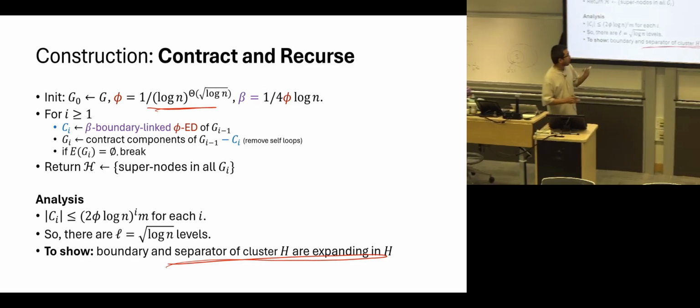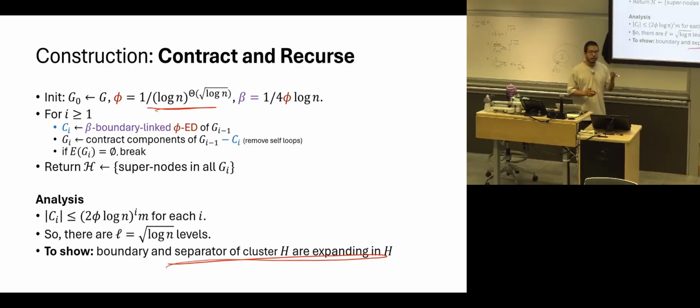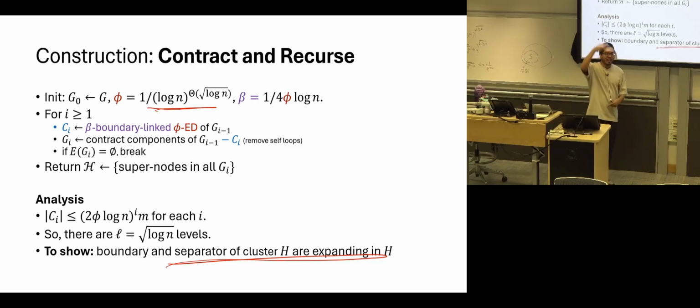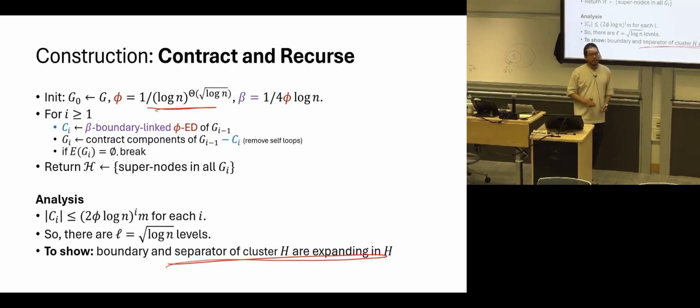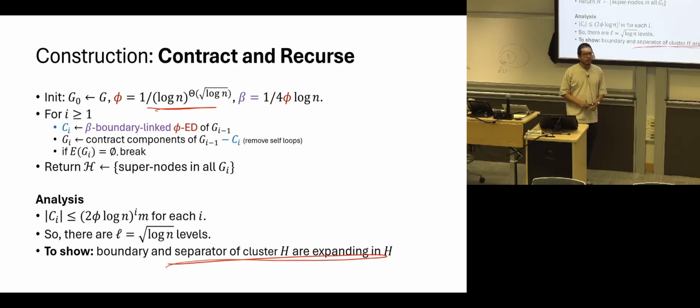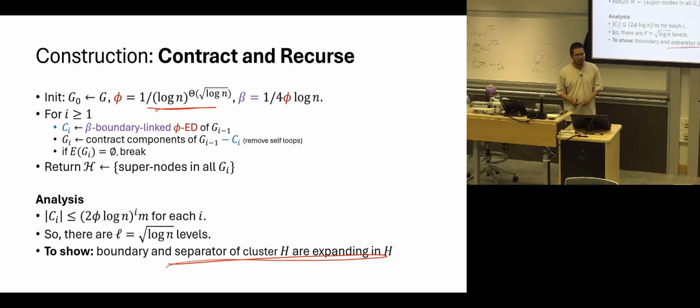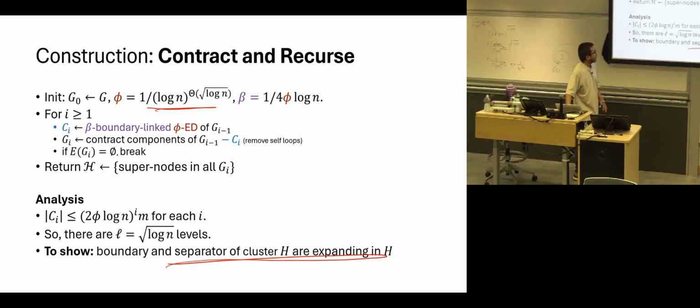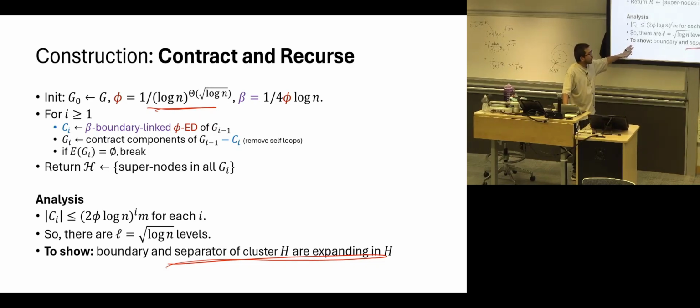The previous algorithm to build the BSE hierarchy is based on dynamic expander decomposition where there are interactions between levels. That's quite slow. So this is fast. Does this answer your question? Okay. So now it's really about how to show the expansion guarantee.